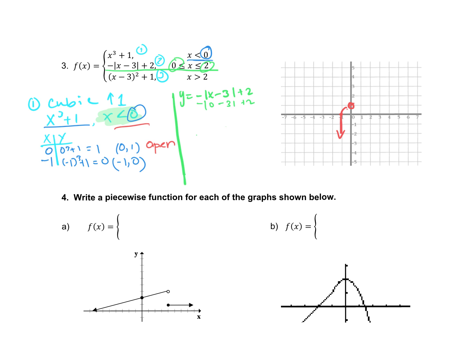So you have to do what's inside here. The absolute value of -3 is 3, but I have a negative down here, so it's a negative 3 plus 2. So when x equals 0, I have a negative 1. That's my y value.